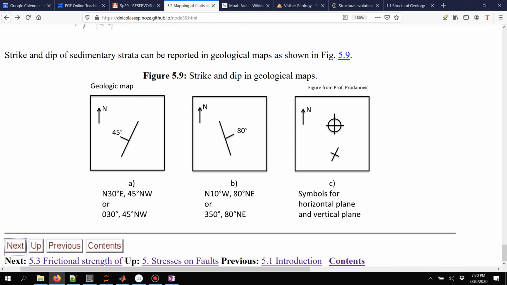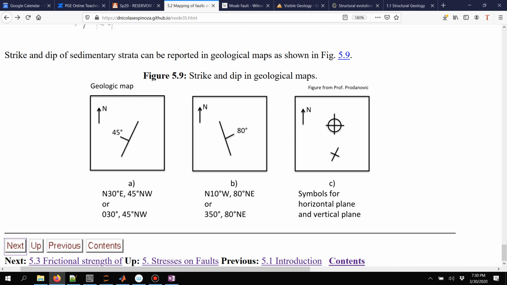Here's another example. This is the direction of strike, this is the direction of the dip, and this is the number that quantifies the dip. Here, you don't have to tell, for example, in the plot that this is a dip northeast because it's obvious from the figure itself.